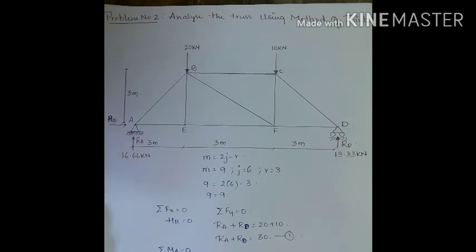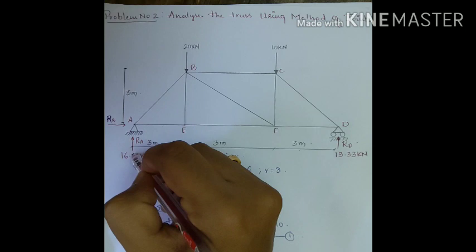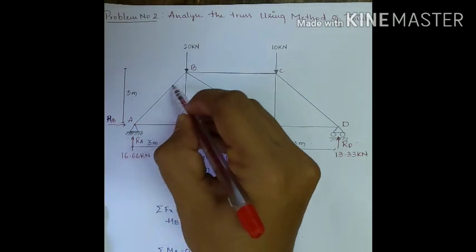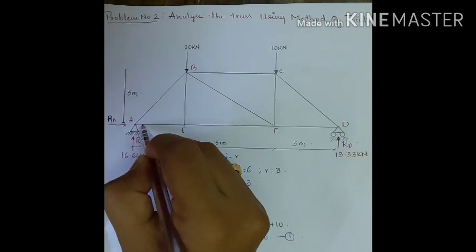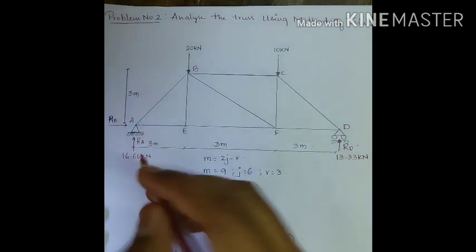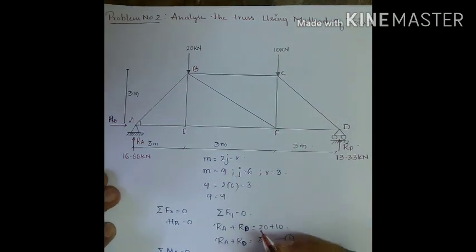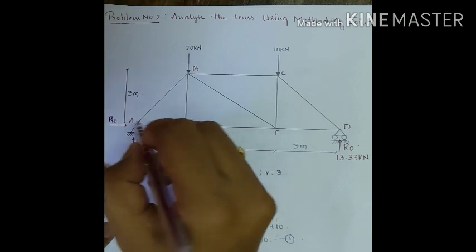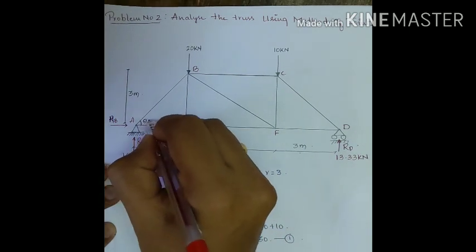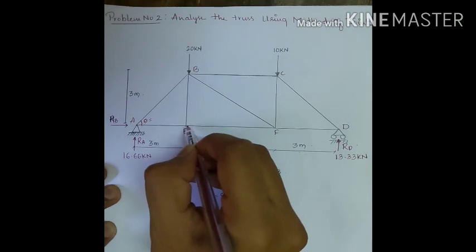Now we shall consider the joint A, which has a reaction of 16.66 and a member with an inclined axis, and the horizontal force. So there are 2 members with 1 reaction. Before that I need to calculate an angle. For this theta, opposite is BE and the adjacent is AE.